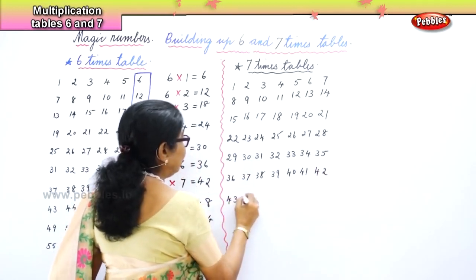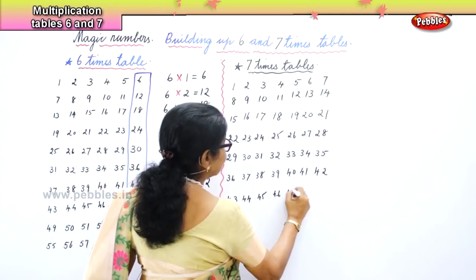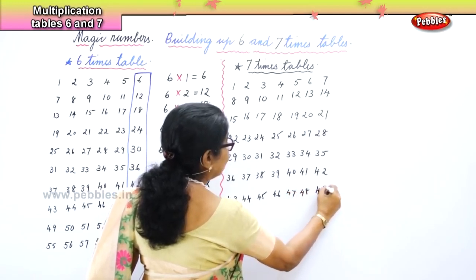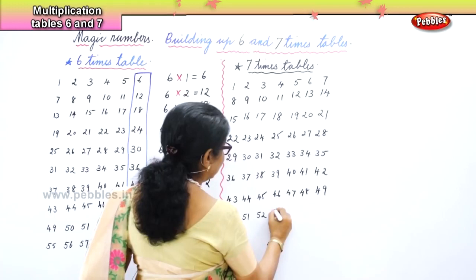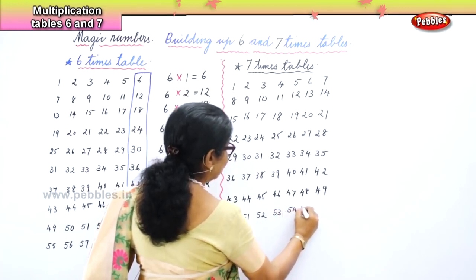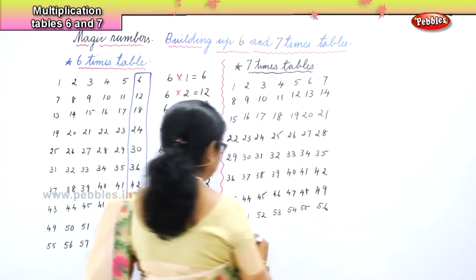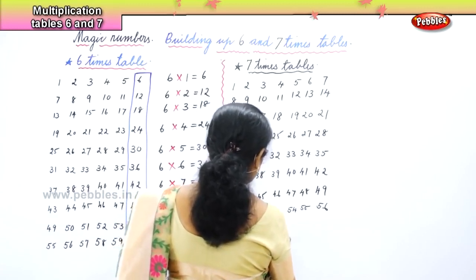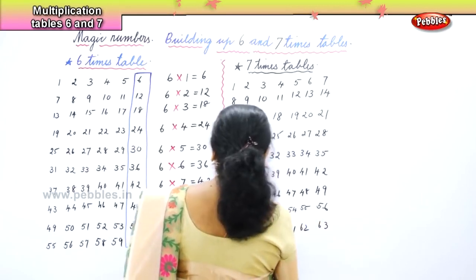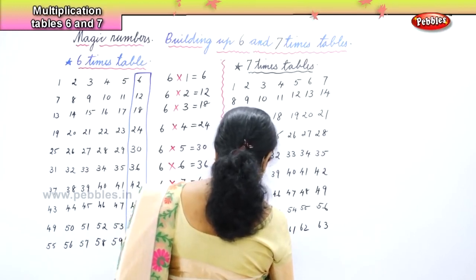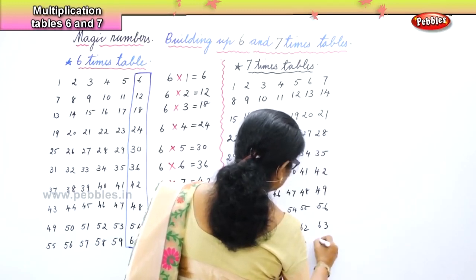Next, 43, 44, 45, 46, 47, 48, 49. Next, 50, 51, 52, 53, 54, 55, 56, 57, 58, 59, 60, 61, 62, 63, and then 64, 65, 66, 67, 68, 69, 70.